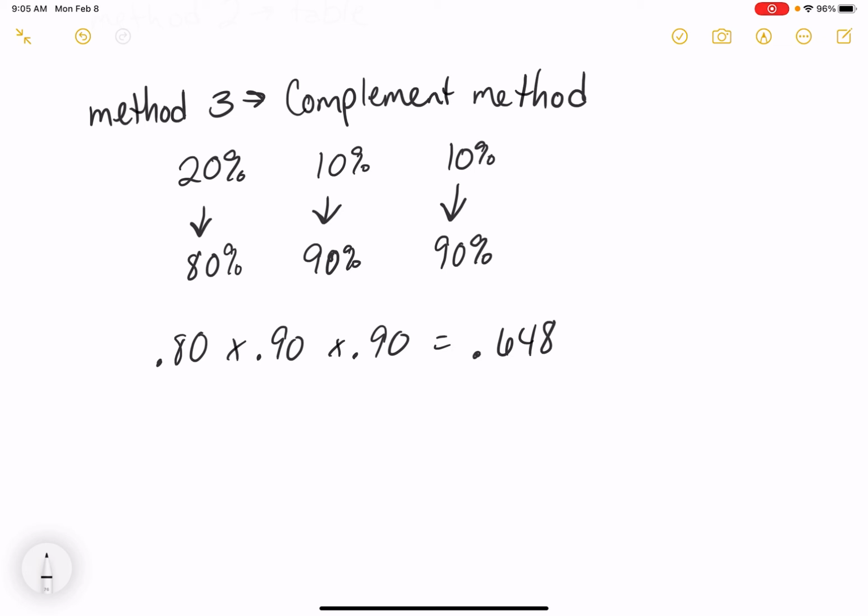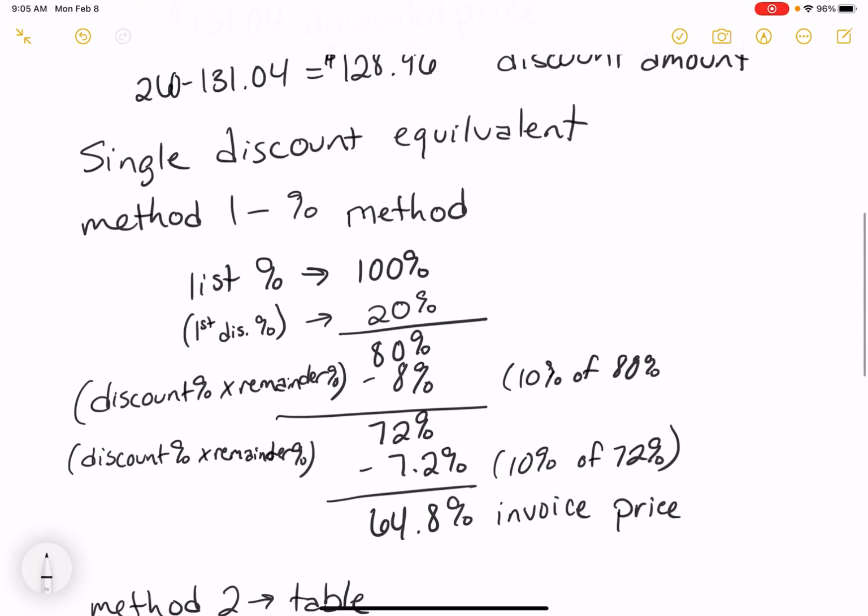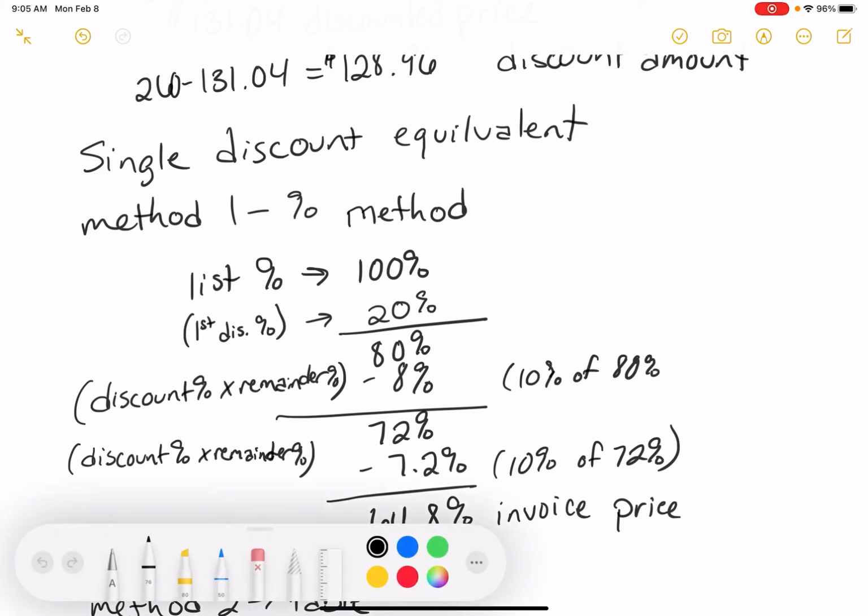But let's go ahead and do C, D, and E just to make sure that you fully understand it. So I'm going to kind of do it to the side. So hold on, let me erase a few things.